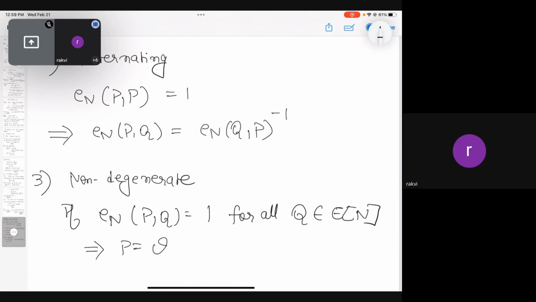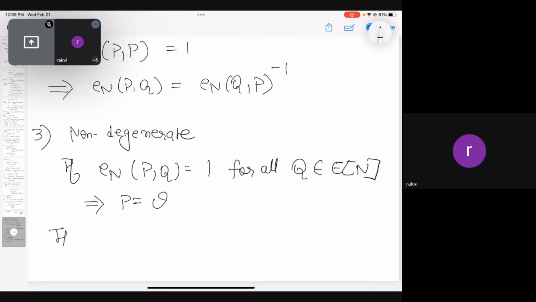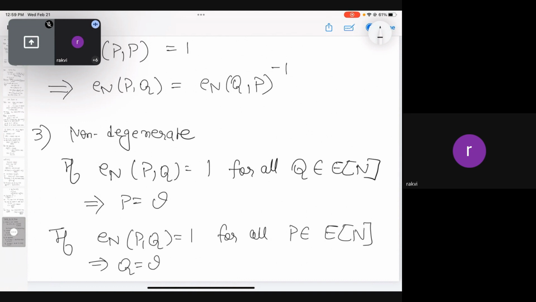And similarly for the other variable. Because they are inverses, proving one suffices to prove the other. So if En of p comma q equals 1 for all p in En, so I'm fixing q and varying p and observing 1, then that simply means that my q must be the identity that I started with. So this is non-degenerate.